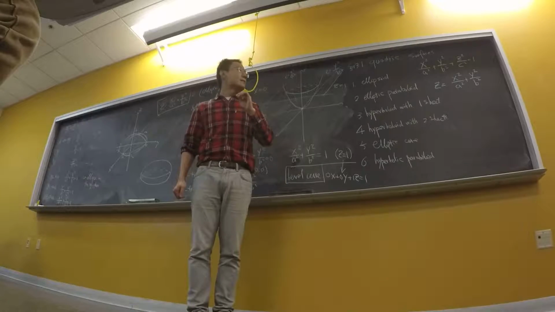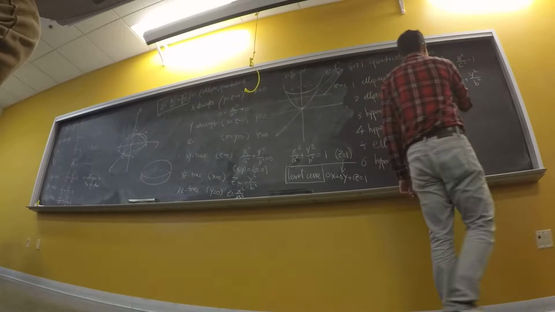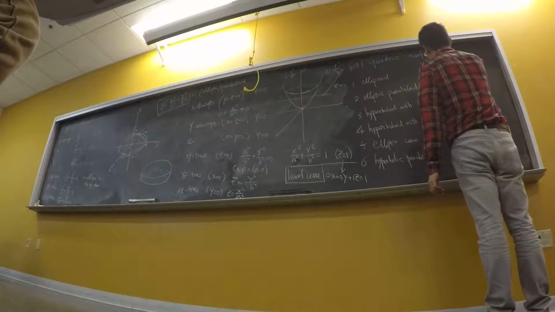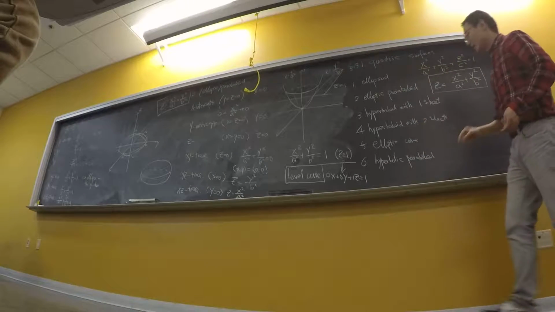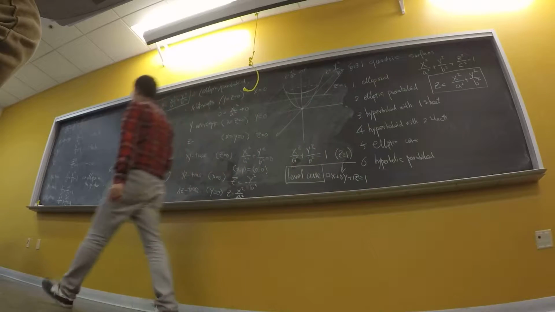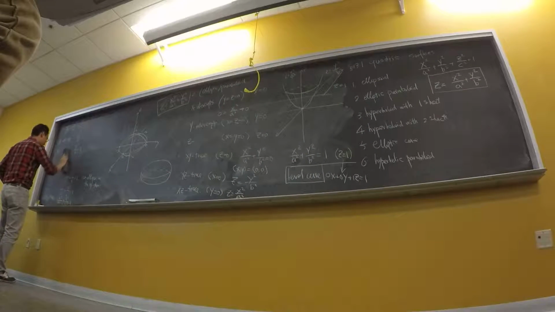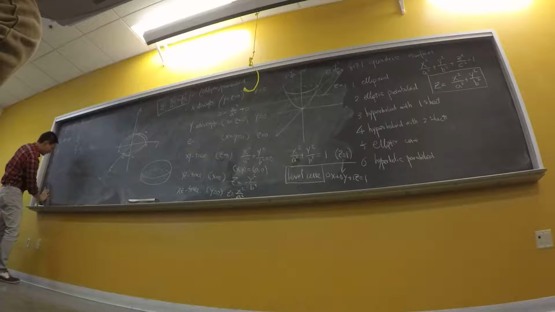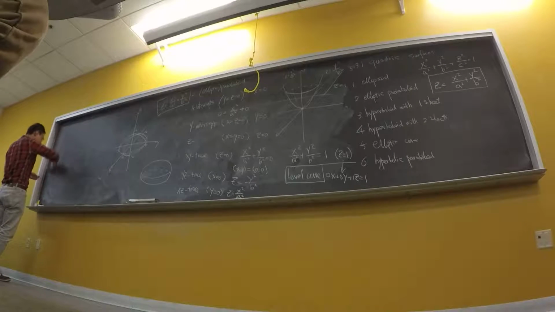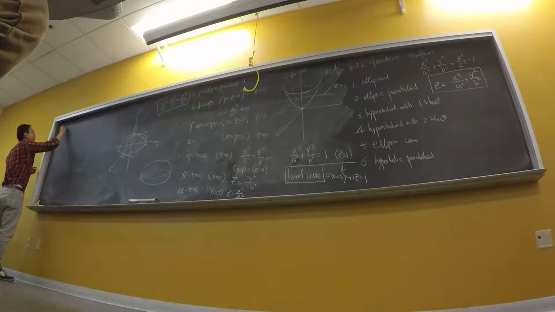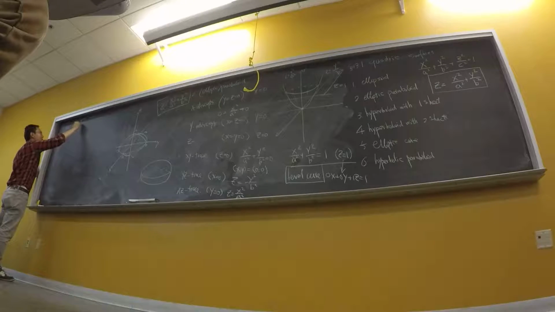Questions? The second remark I want to make is I can switch the roles for x, y, z here, and I'm getting still an elliptic paraboloid, but with a different sort of opening. For instance, I can have y is equal to x squared divided by a squared plus z squared divided by b squared.